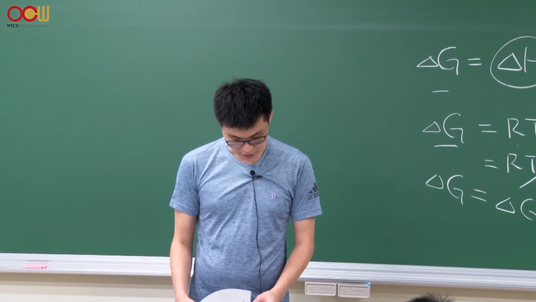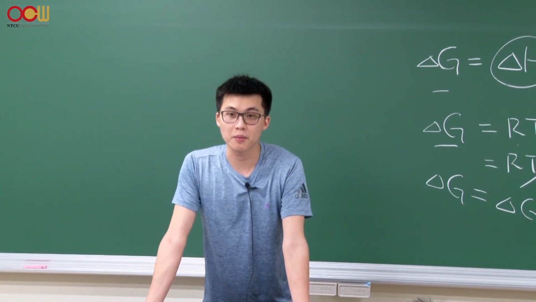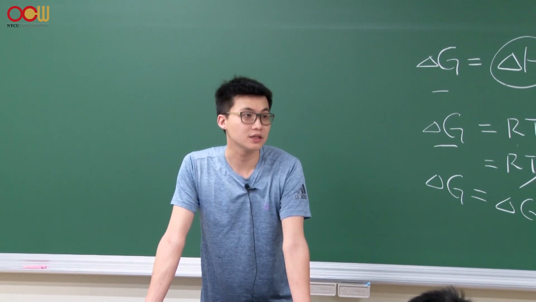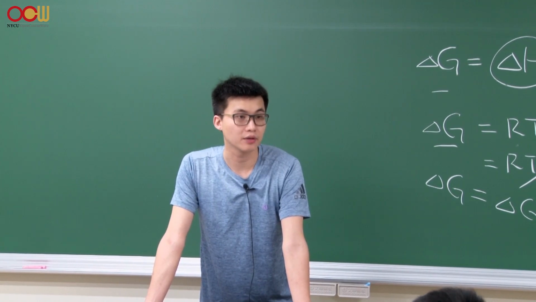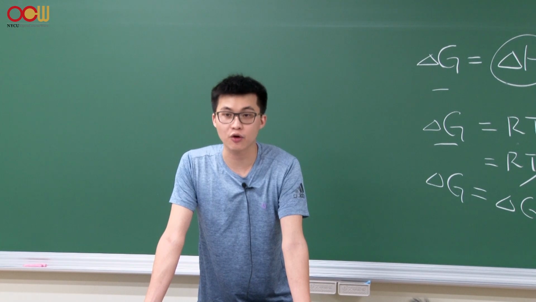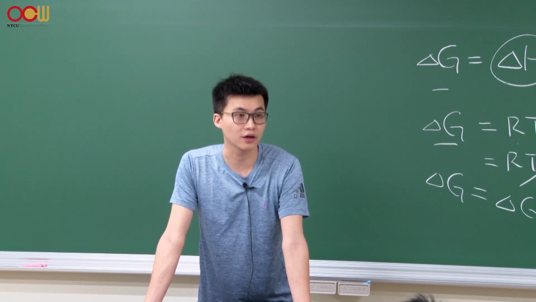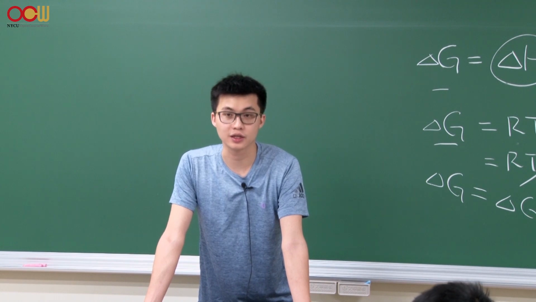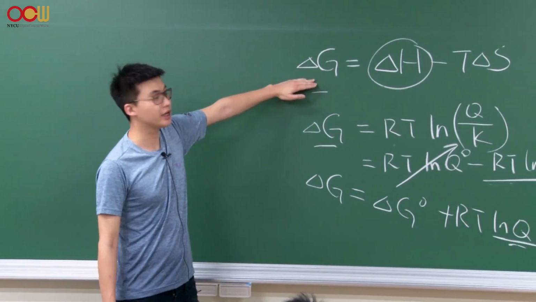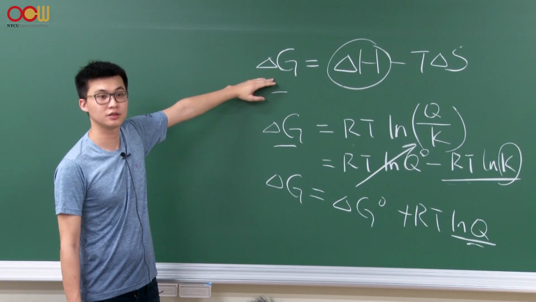If we think about any given electrochemical system, why does electrochemistry happen? When we mix zinc powder with copper ion solution, an oxidation reduction reaction happens instantaneously. By happening instantaneously, we know that delta G is negative.